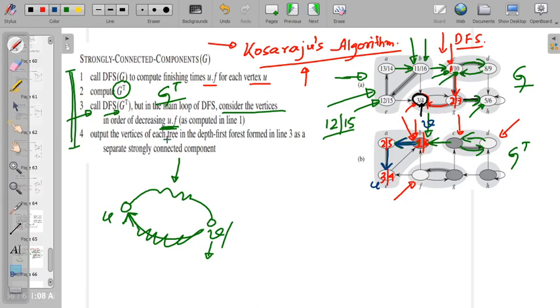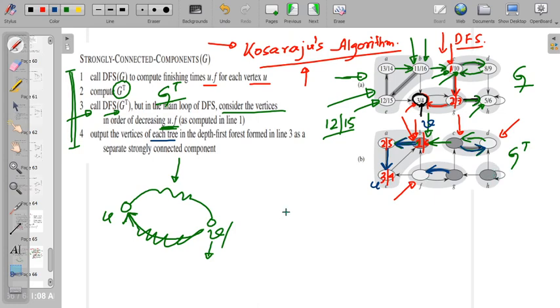So output the vertices of each tree. One tree will be formed here, one tree will be formed here, one tree will be formed here, and this is alone.